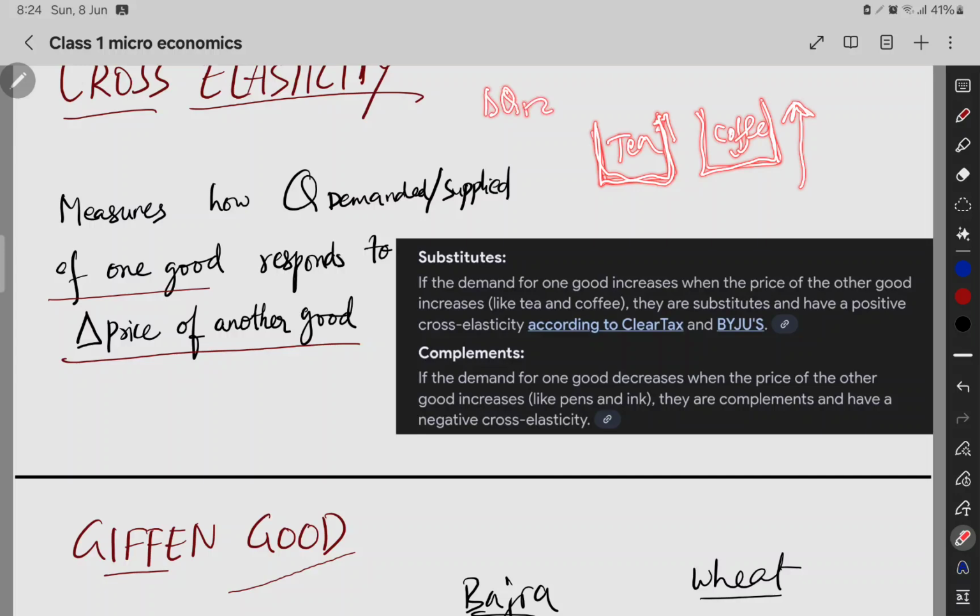Change in quantity demanded with respect to change in price: the price of coffee is increasing, that means the quantity demanded of tea is also increasing, right? When the price of coffee increases, the demand for tea also increases. Therefore it is a positive cross elasticity.